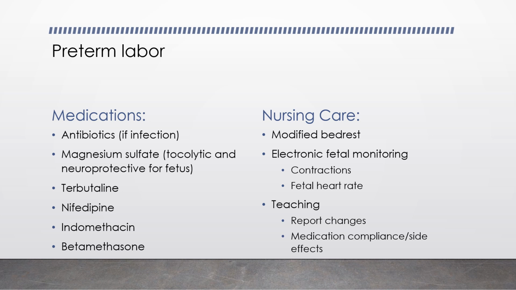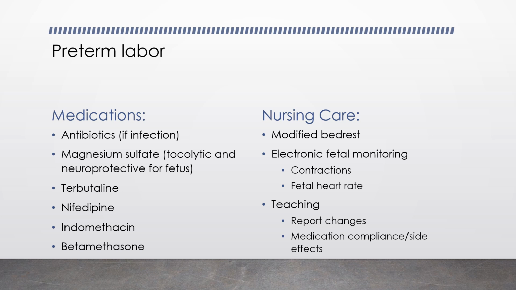But it's not evidence-based practice anymore. However, some places still use it. Terbutaline we talked about earlier, that is also a tocolytic. Nifedipine can be used. It's a calcium channel blocker. So it also inhibits smooth muscle contraction early in pregnancy before 32 weeks.